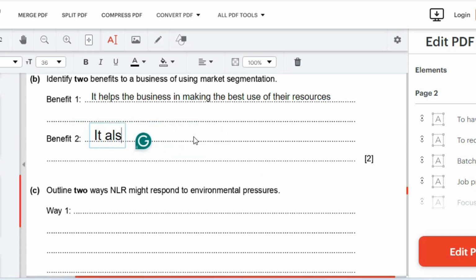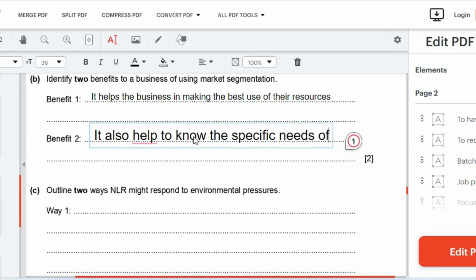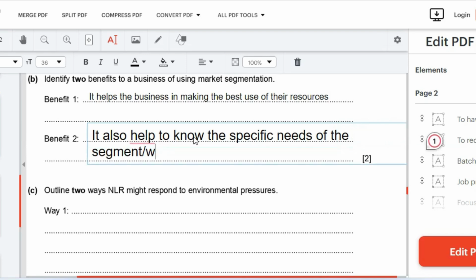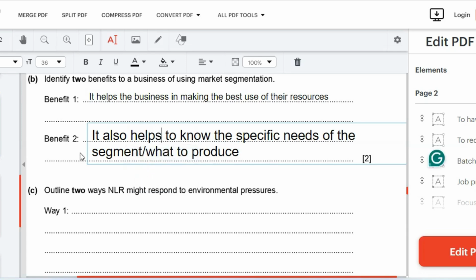It also helps to know the specific needs of the segment, or what to produce. Of course, that is not all the benefits of market segmentation to a business.